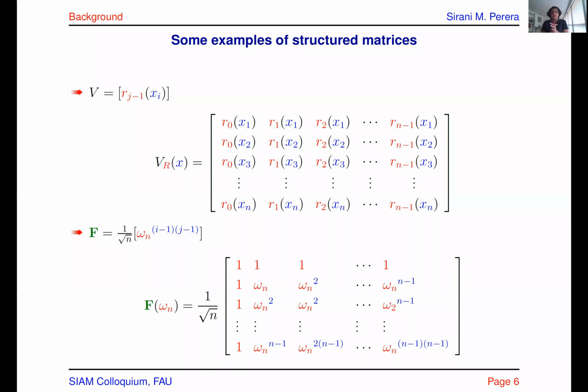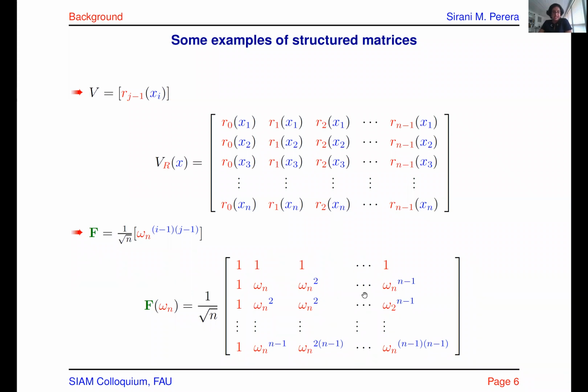When you are working with the interpolation problem, the coefficient matrix is simply the classical Vandermonde matrix. So this is a superclass of the classical Vandermonde matrix, which we call the polynomial Vandermonde matrix, where R0, R1 up to Rn minus 1 are the polynomials of degree 0 up to n minus 1, and x1 up to xn are the roots of the degree n polynomial.